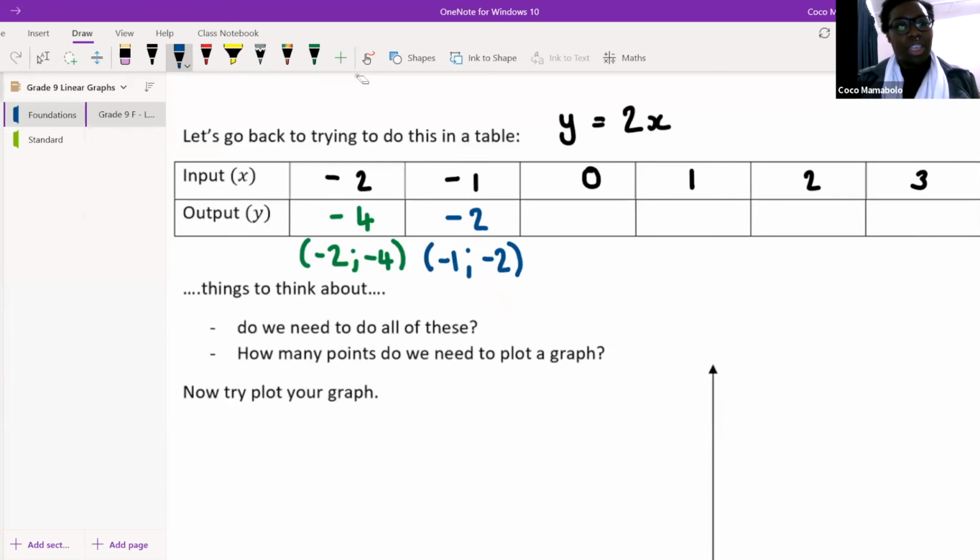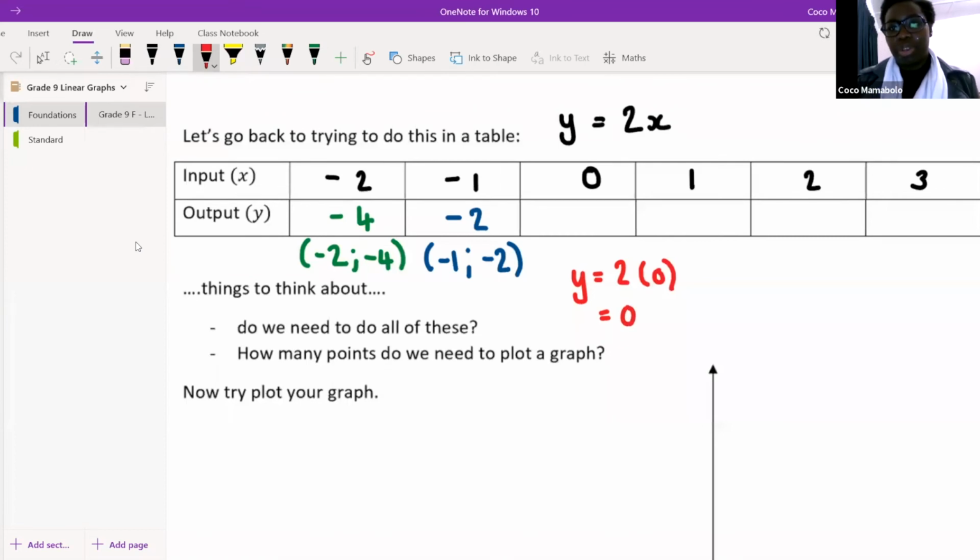Okay. Excellent. And Tando, would you like to do the next one? Yes, ma'am. We'd be on 0. So y is equal to 2 open bracket 0 close bracket, and then y is equal to 0.